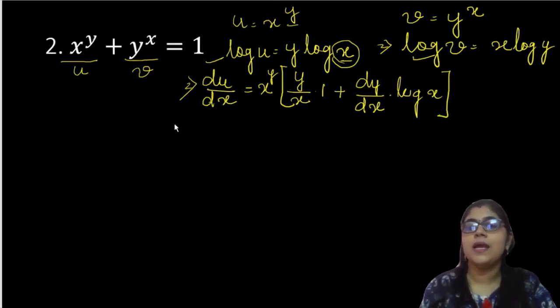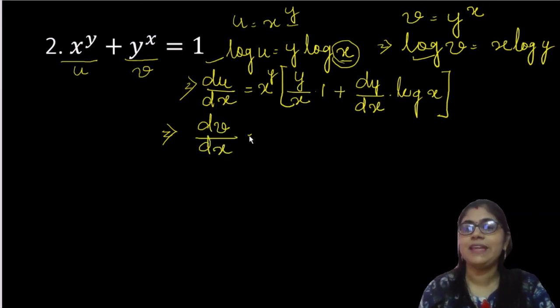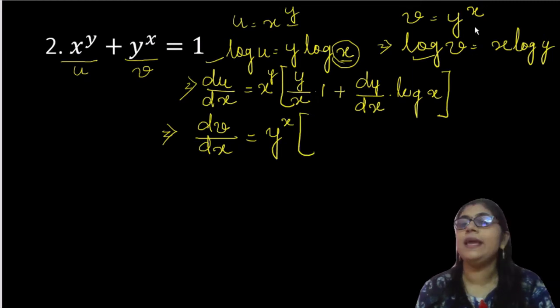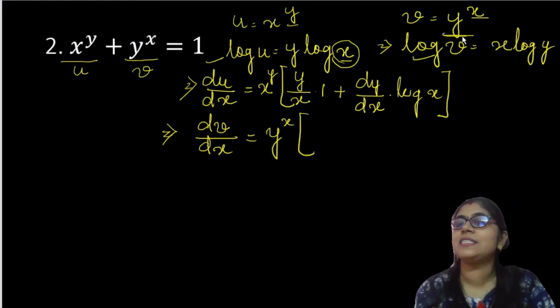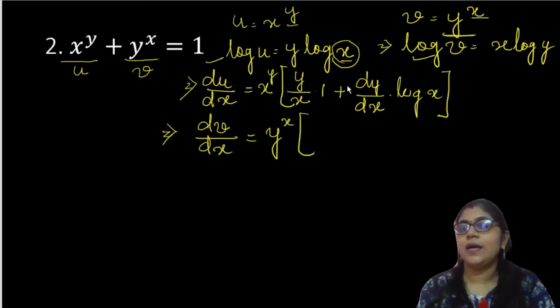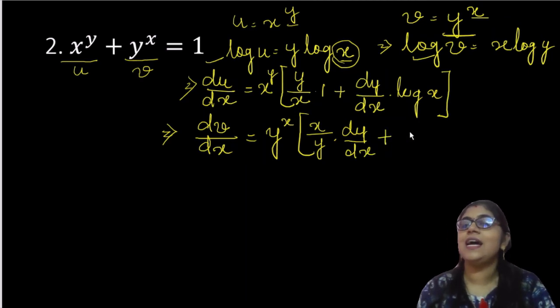So what will be dv by dx? dv by dx equals to y to the power x into, here g x is x, f x is y. So g x by f x, so x by y into f dash x. f dash x is dy by dx plus g dash x into log f x. g dash x will be 1 into log y.